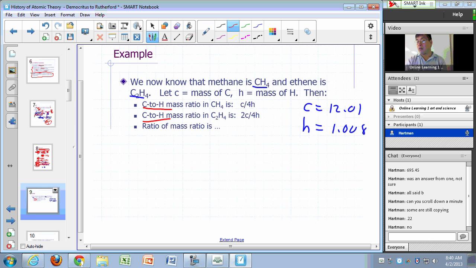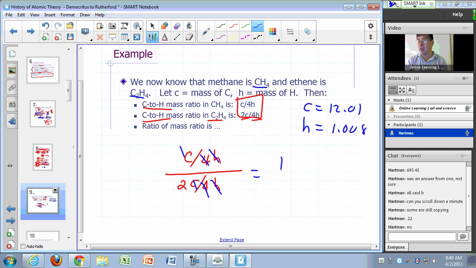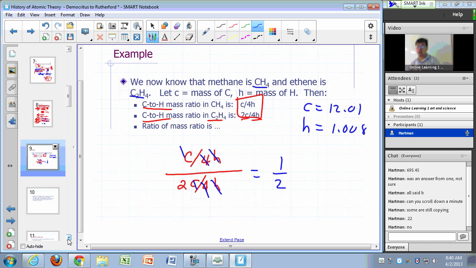The carbon to hydrogen mass ratio in C2H4 would be 2 times the mass of each carbon atom divided by 4 times the mass of each hydrogen. So if you take the ratio of mass ratios, C over 4H over 2C over 4H, H cancels out, 4 cancels out, C cancels out, that gives you 1:2. So that's how you can explain the law of multiple proportion by assuming that compounds have a well-defined formula.